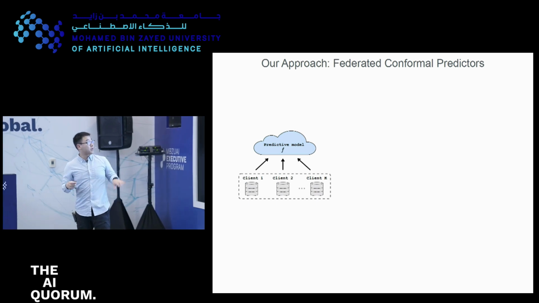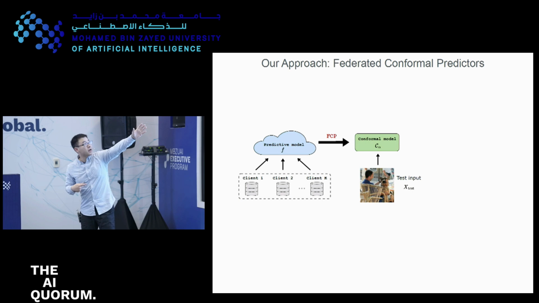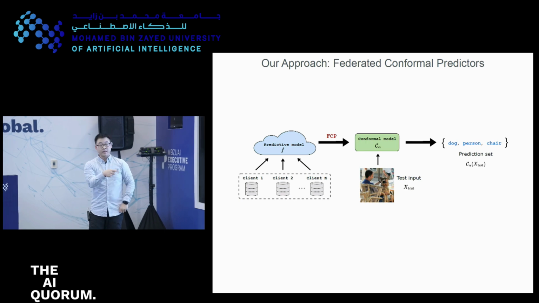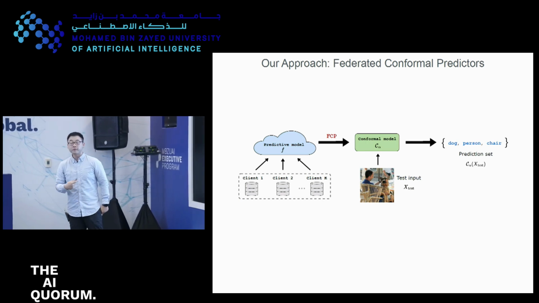The pipeline is we have a prediction model, and then we apply this FCP to wrap our model as a conformal model. And during the test, we can predict the prediction set for this particular test sample.